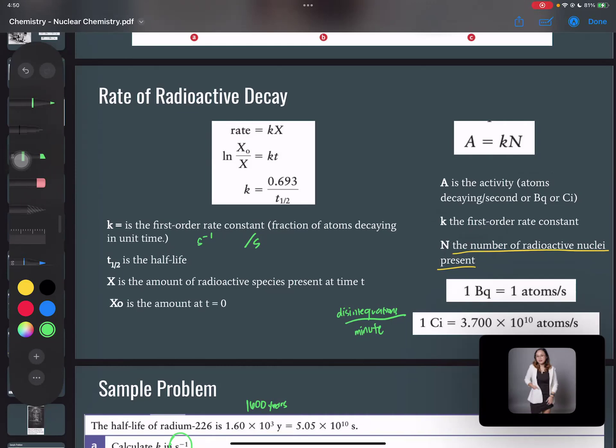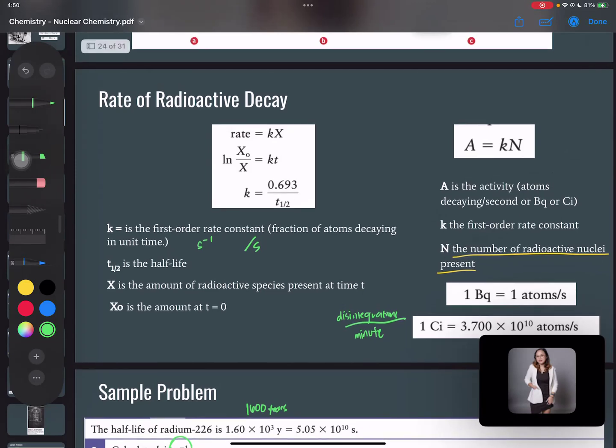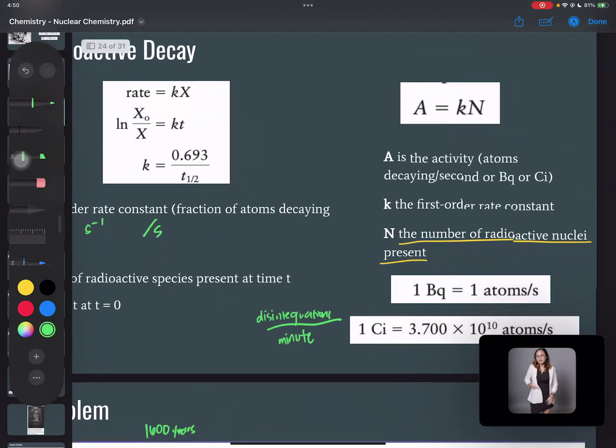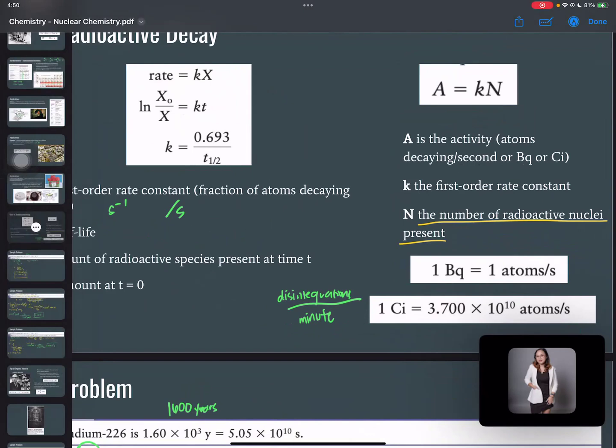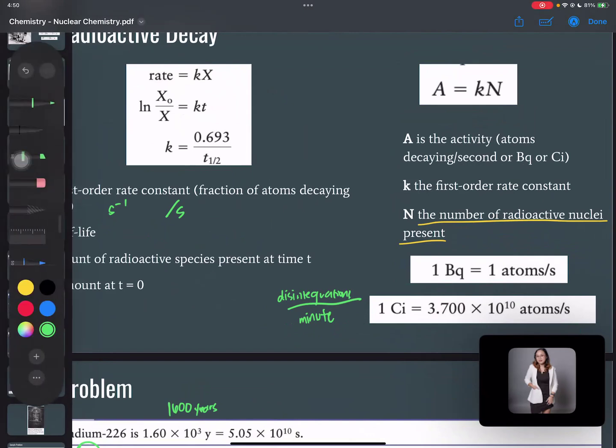Because of the way in which the rate of activity is measured, it is often described as an activity of a sample, which expresses the number of atoms decaying in unit time. Using this equation, A is equal to kN, where k is the first order rate constant, the same as in the previous formula, and N is the number of radioactive nuclei present, usually in atoms.